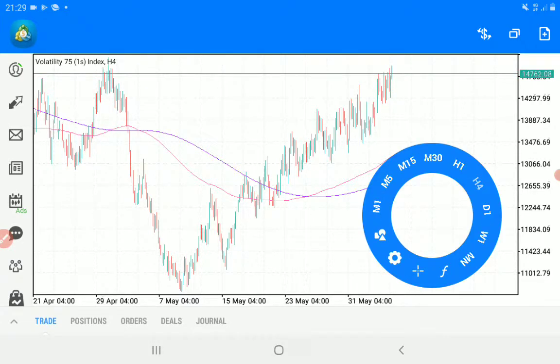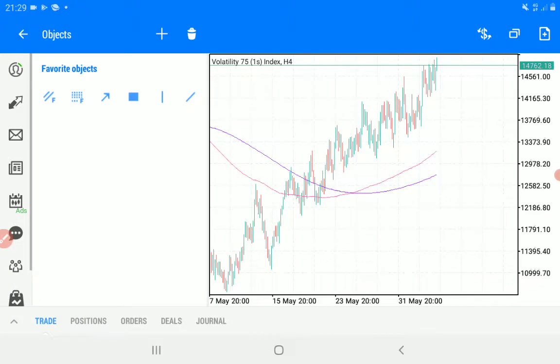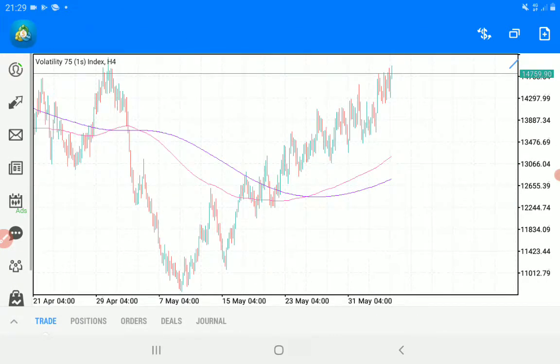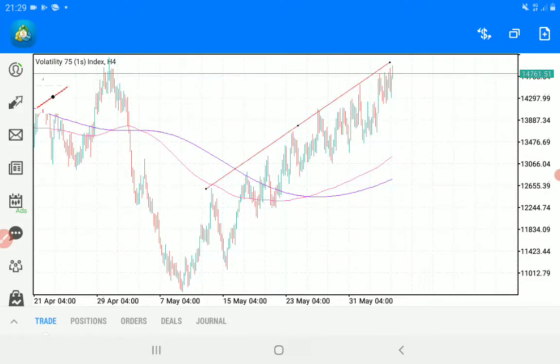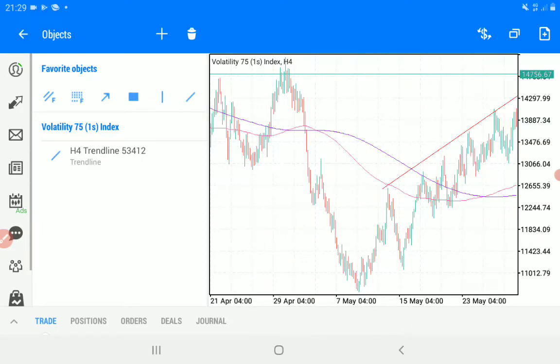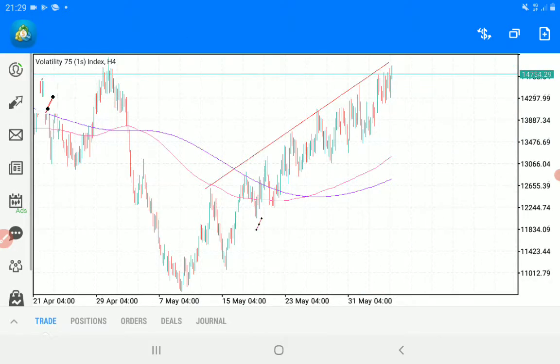So you are going to draw your trend lines like that, and then you draw another one. That is your upper trend line and then your lower trend line, just for you to see clearly how your market is moving.